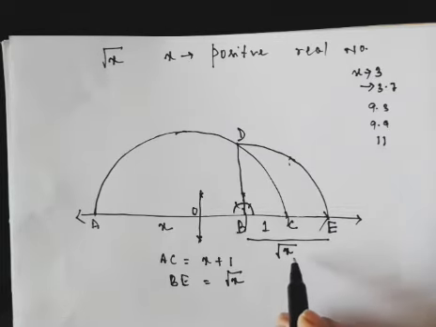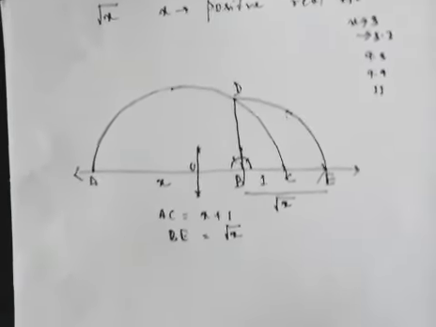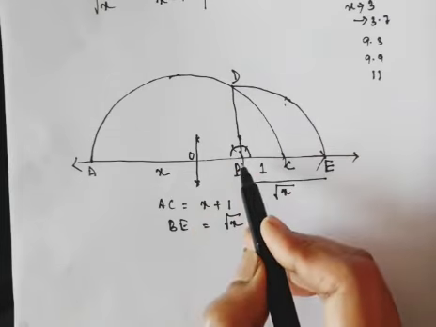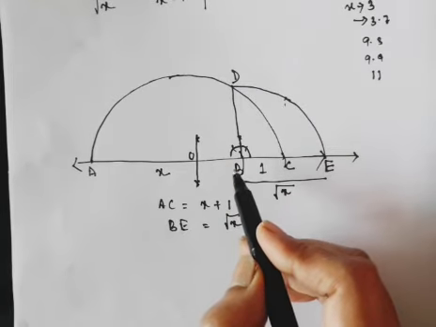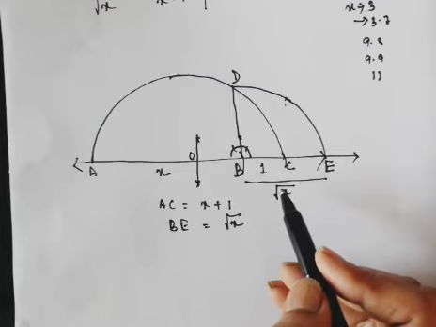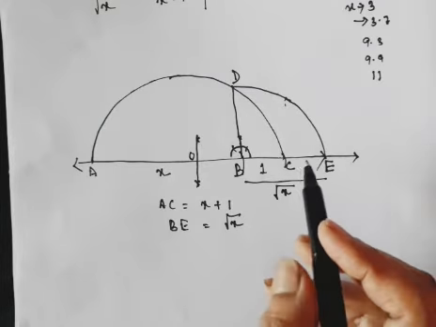But now let us come to our justification part. How can we know whether BD is of root x unit length, or what is the length? Let us justify that.